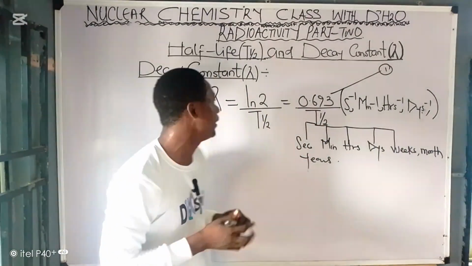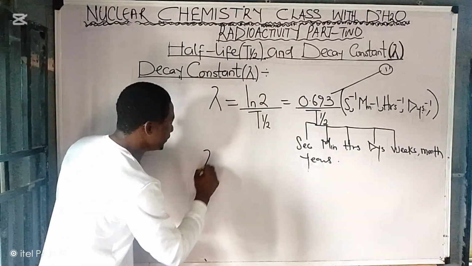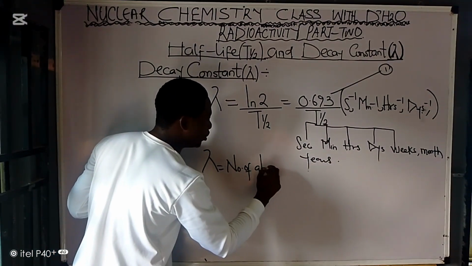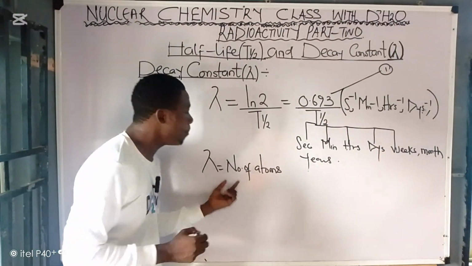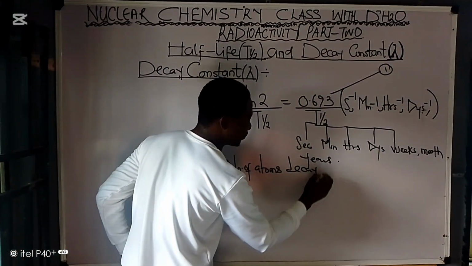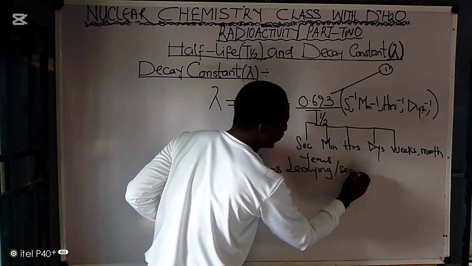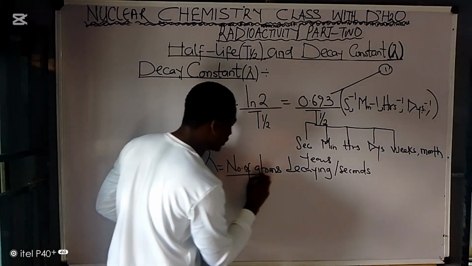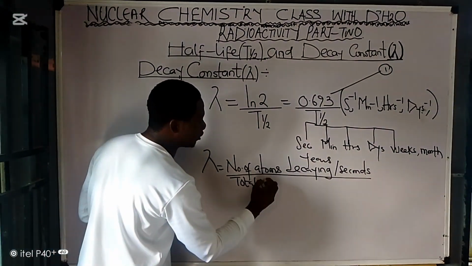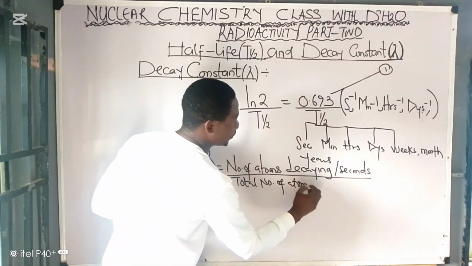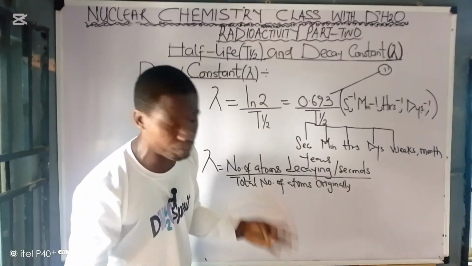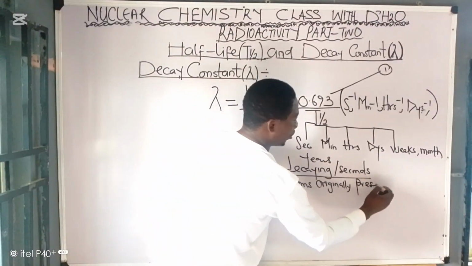Okay? Now, formula number 2, come closer. Decay constant is equal to the number of atoms, or number of radioactive atoms or isotopes, decaying per second, over the total number of atoms originally present, or you can say initially present.